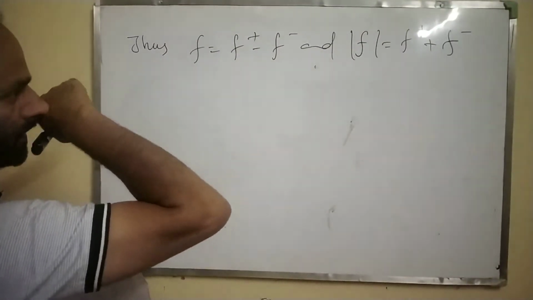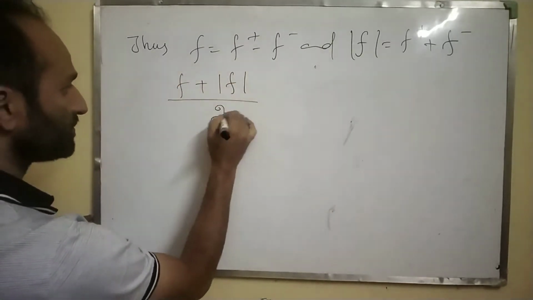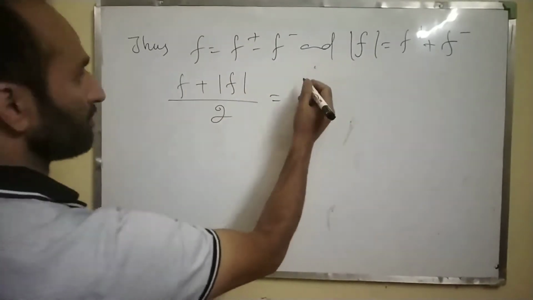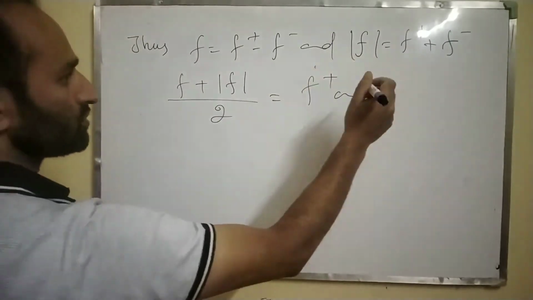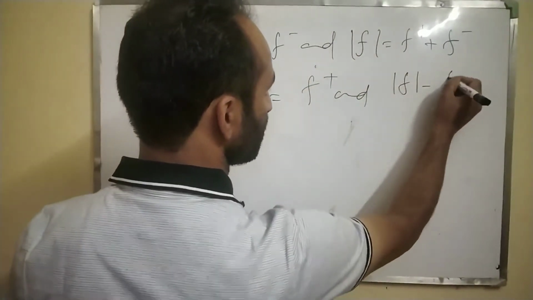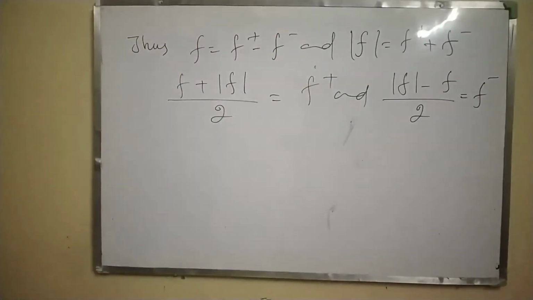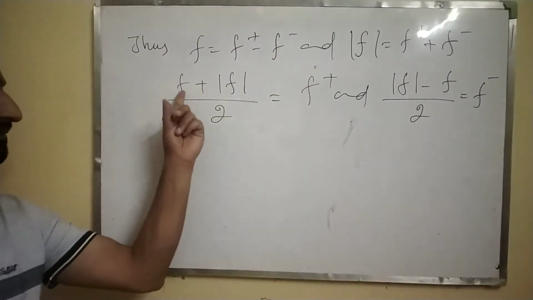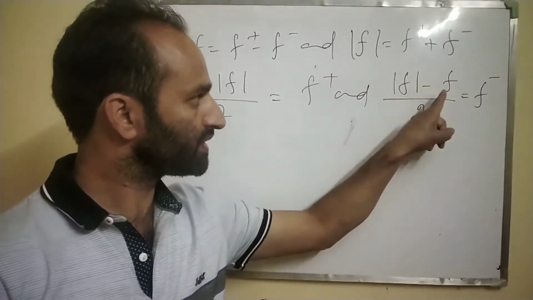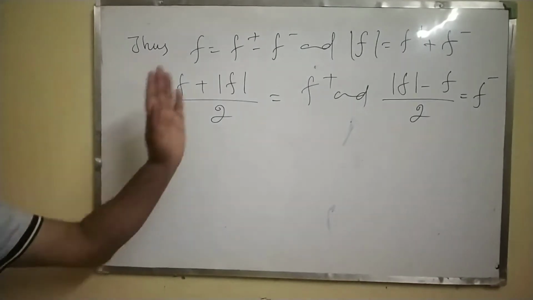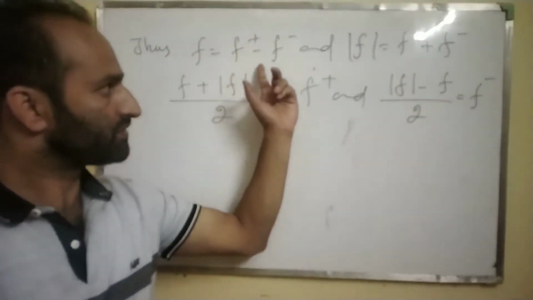By adding these two, we get f plus mod of f divided by 2, it's equal to f plus, and by subtracting these two, mod of f minus f divided by 2, that's equal to f minus. So f plus is equal to f plus mod of f divided by 2, f minus is equal to mod of f minus f divided by 2, just by adding these two and then subtracting this function from this.